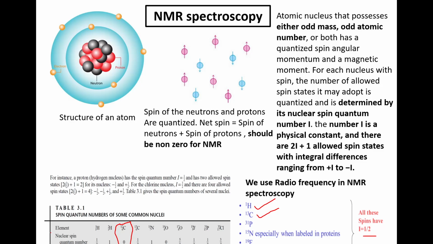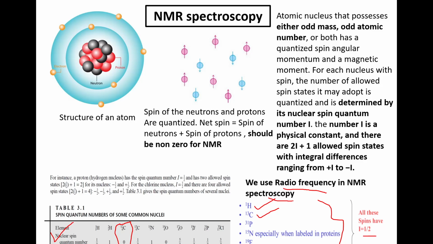The nuclear spin quantum number for the proton, carbon-13, 31P, 15N, 19F, and 29 silicon all have a value of half. We use these elements, with these quantum numbers, for finding our structures. We also use something known as radio frequency in NMR spectroscopy.